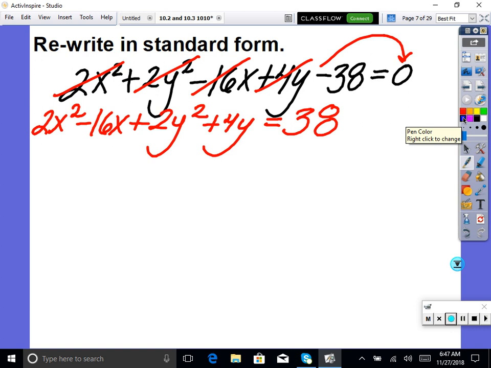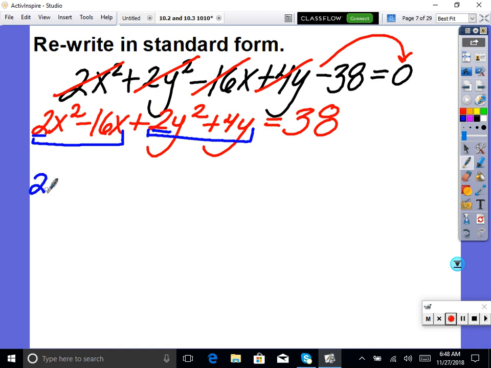Okay. So then from here we're going to look and say, okay, we're going to pull out a 2. Do you agree? In fact, if we look at all of this, we also need this to be a 1 to be able to complete the square. So let's just factor out a 2 from the get-go, everybody, from all of it. Say all divide by 2.